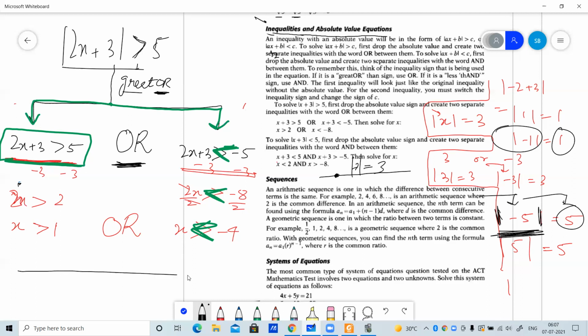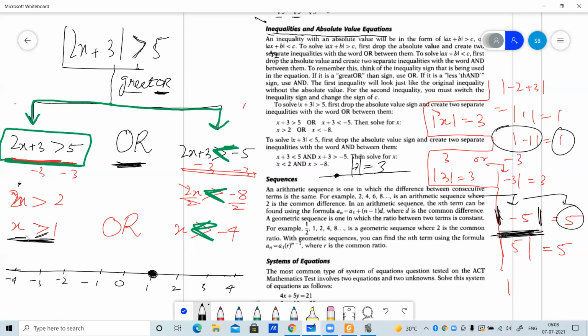If you see the number line, you're having 0, 1, 2, 3, 4, and -1, -2, -3, -4, and so on. So it is telling you for this inequality, the absolute value of 2x plus 3 is greater than 5, you're having either x greater than 1. So starting from 1 with a hollow circle, not a solid one, because if this would have been greater than or equal to, then I could have made the solid circle, which includes 1.